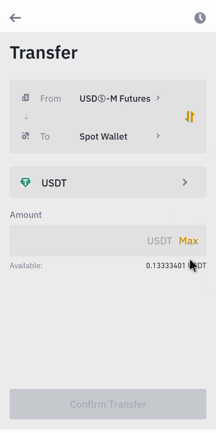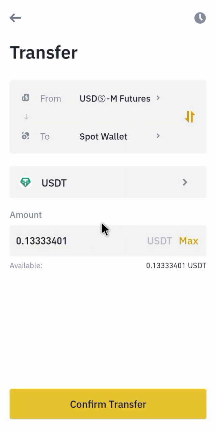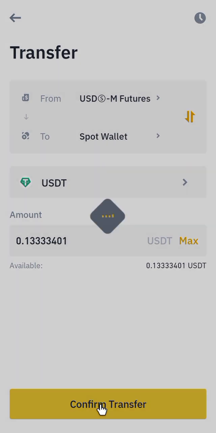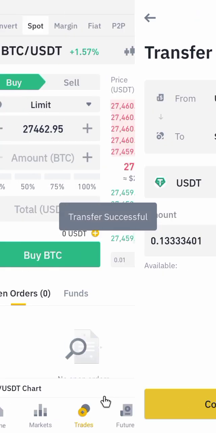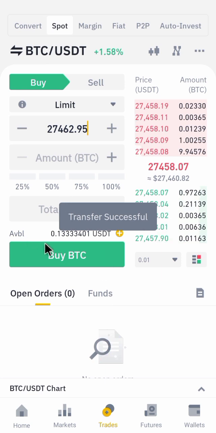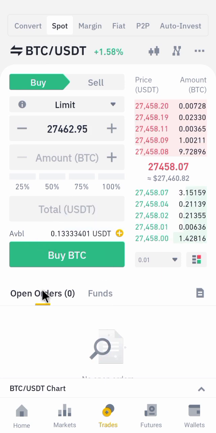I want to transfer all of it to my spot wallet, so I click on max. Then I just press confirm transfer, and it will automatically be transferred. My available balance on spot trading is now 0.133 USDT.